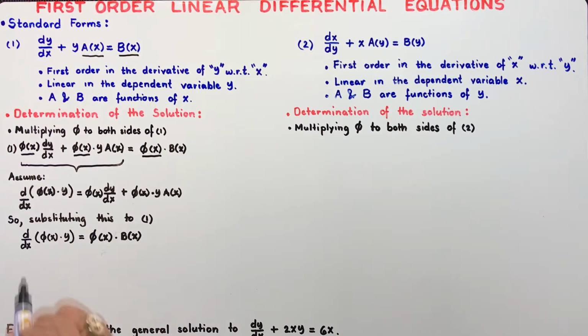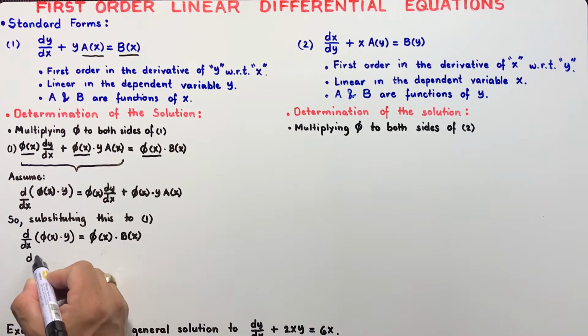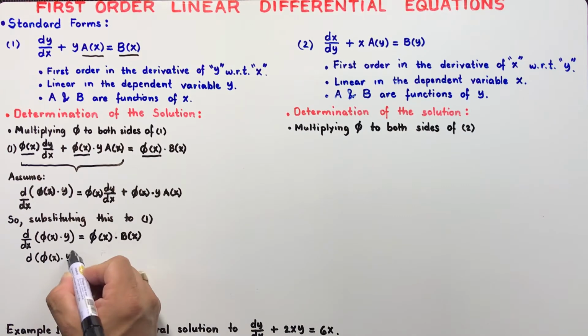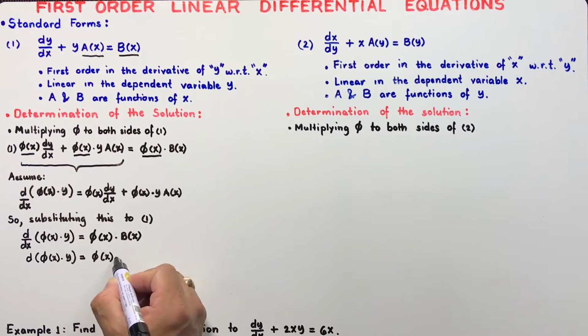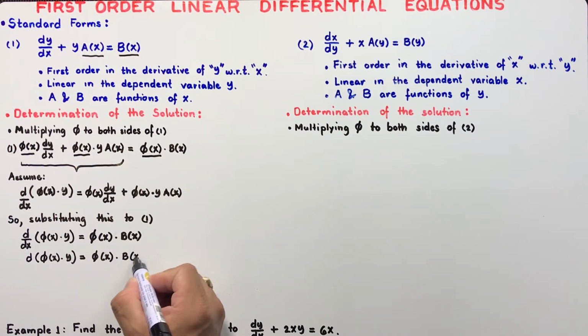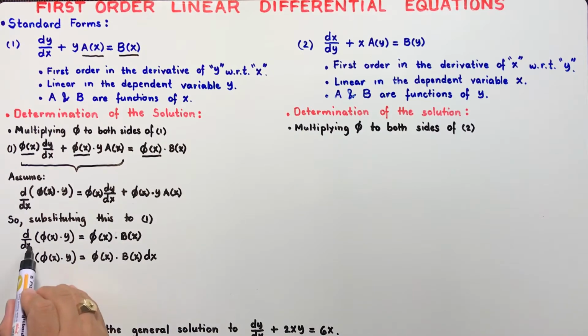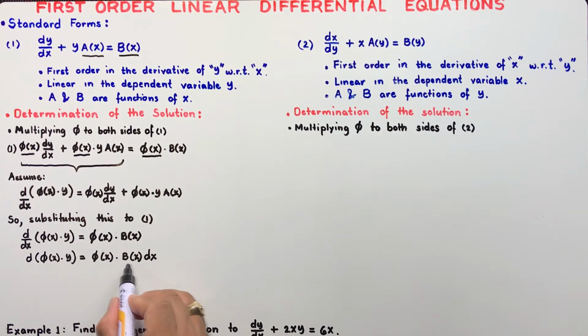And multiplying both sides of the equation by dx, we have the differential of phi of x times y, which is equal to phi of x times b of x times dx, because you are multiplying both sides of the equation by dx. And we notice that phi of x and b of x are functions in terms of x alone.